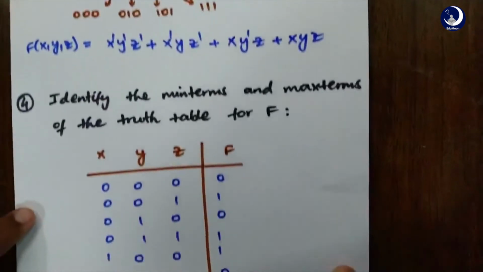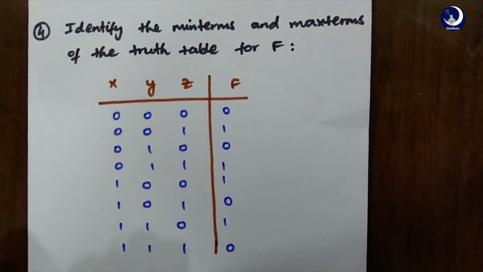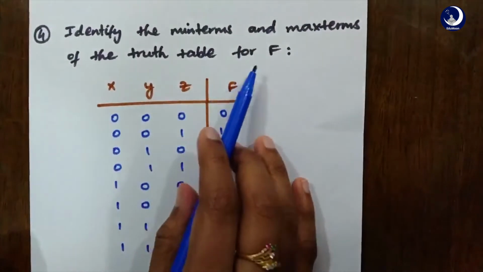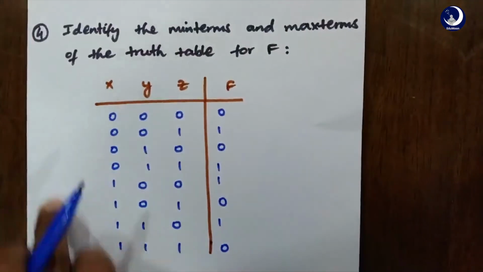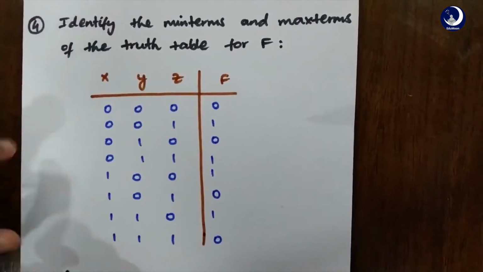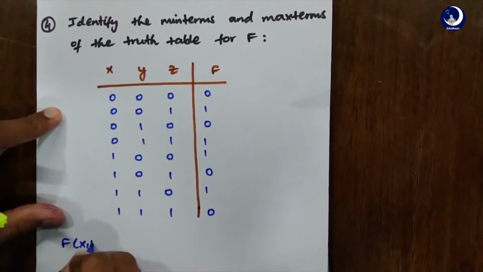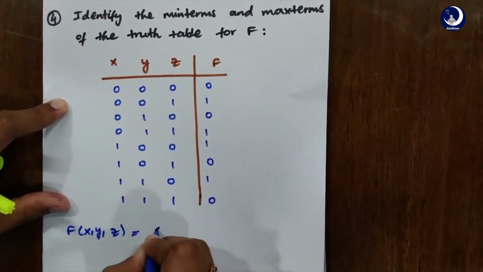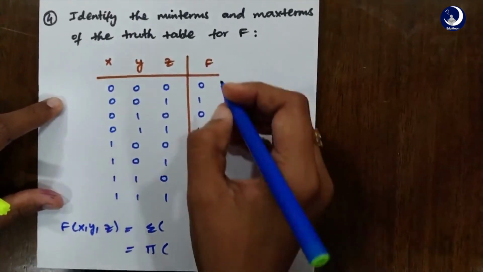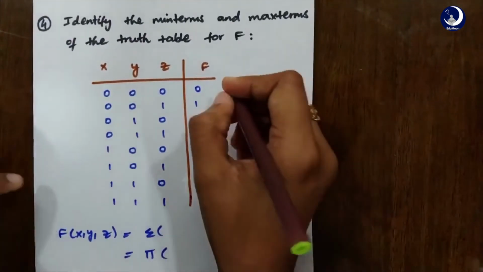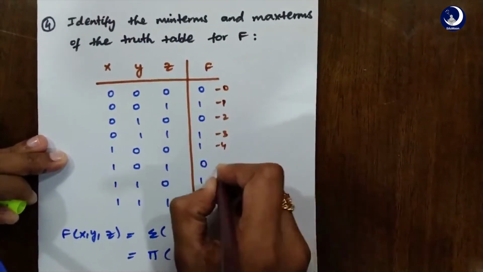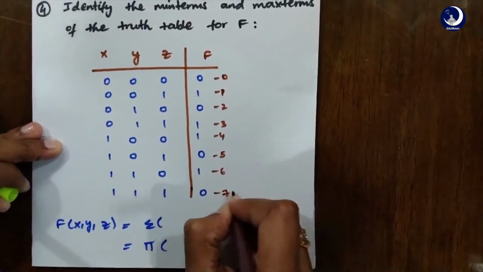Now let's look at the next question. You will even be asked a few questions in this format: identify the minimum terms and maximum terms of the truth table for a given function f. Whenever you are given a truth table like this, there are simple notations for them, like f of x, y, z equals some sigma and some pi. The rows are 0 1 2 3 4 5 6 and 7.